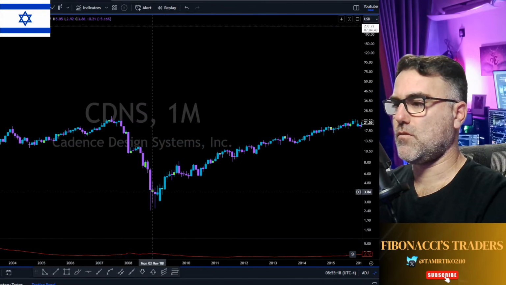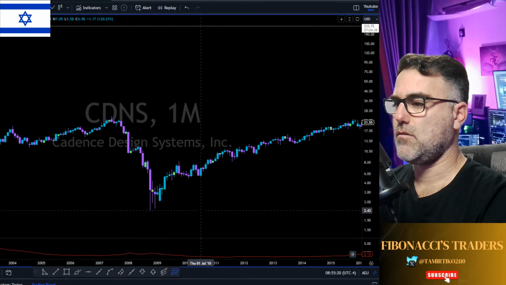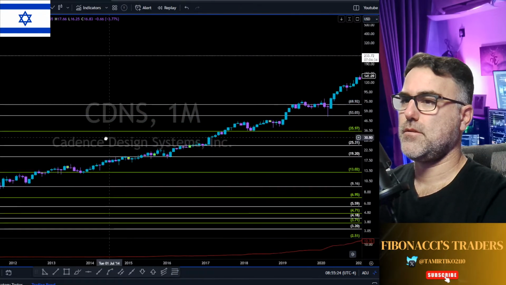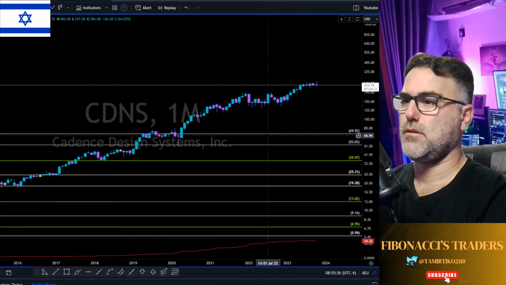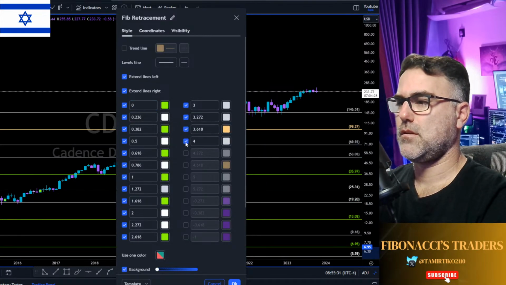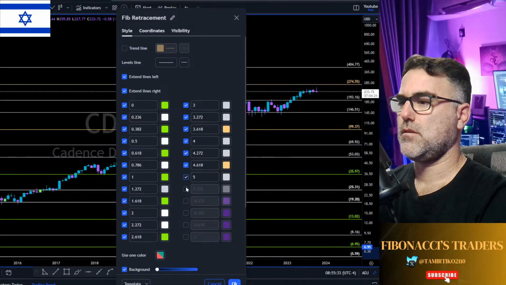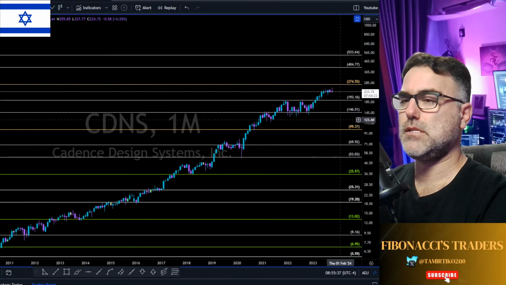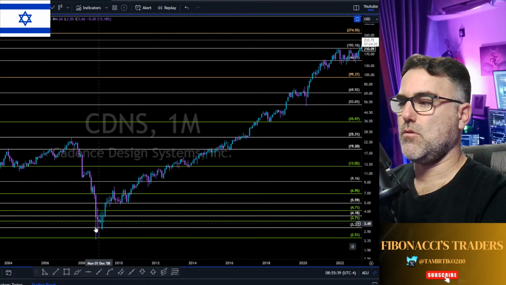Let's take this candle over here. Very big candle. You can go calculate. And now you see why these are the extensions.